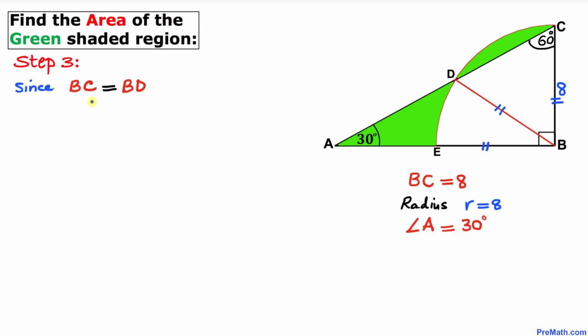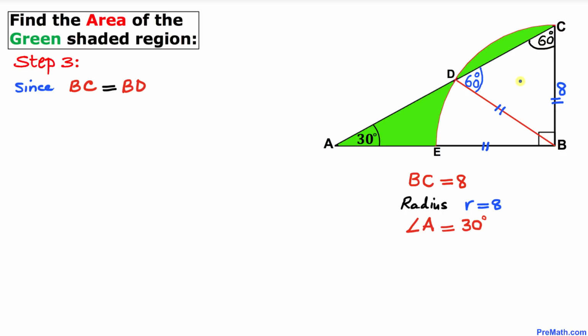In this next step, we know that side length BC and side length BD are equal. Therefore, angle C is equal to angle BDC. If this angle is 60 degrees, this angle has got to be 60 degrees as well.